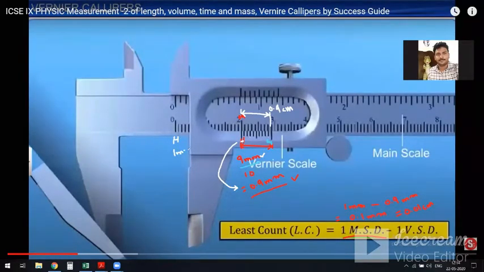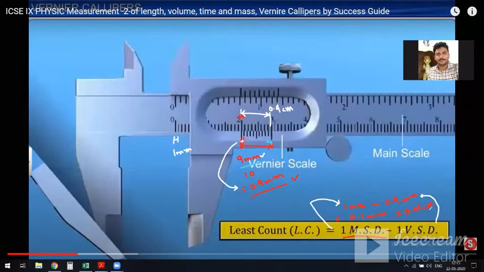So the formula for least count, what is written? 1 main scale division minus 1 vernier scale division. So 1 main scale division is how much? 1 mm, and 1 vernier scale division is how much? 0.9 mm. So if you subtract, 1 mm minus 0.9 mm, you are going to get 0.1 mm, and 0.1 mm means 0.01 centimeter.